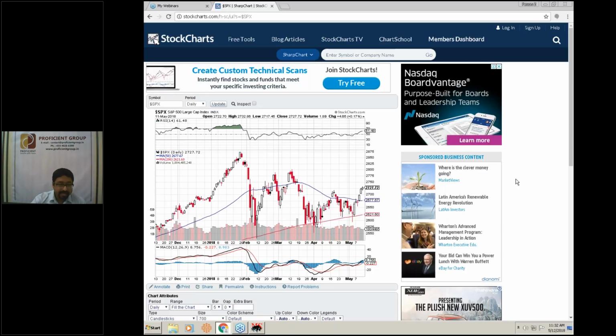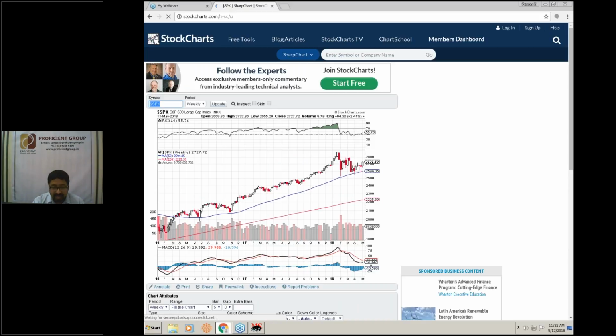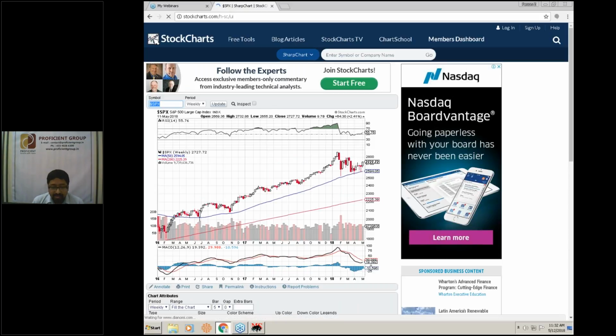Apart from that, if we convert this S&P 500 chart into weekly time frame, then we can get a clearer view, right? As you can see here, there was a top in third or fourth week of January in S&P 500, and since then it has been trading in a weak choppy mode, right?